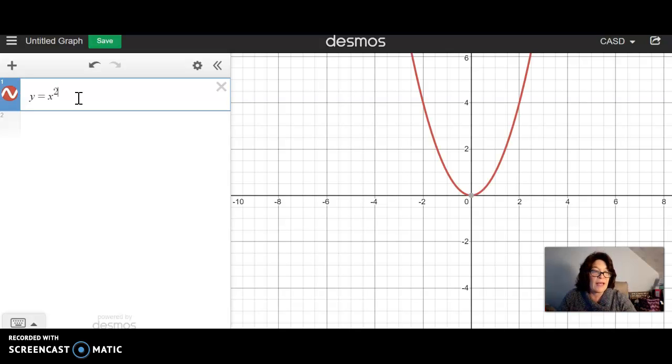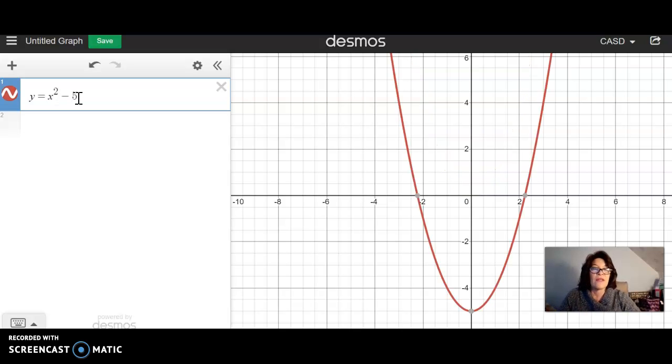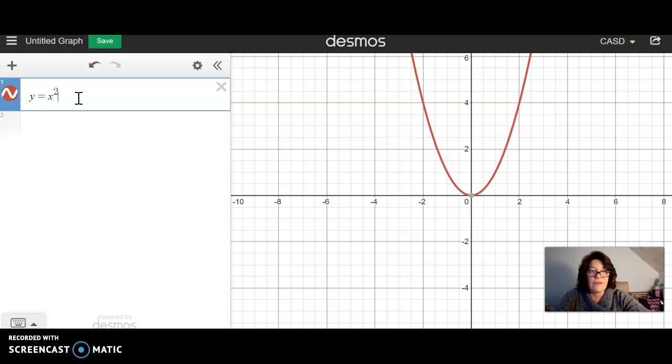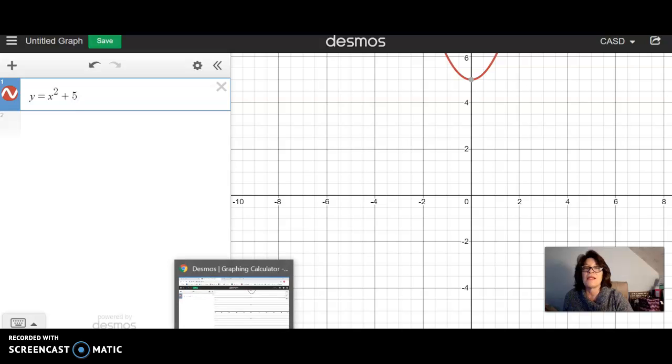Then we want to come off of that, so I hit the right arrow at the bottom right of your keyboard. It takes me down, and I'll say minus 5. And there I can see that shifted it down 5. If I would have said plus 5, that shifted it up 5. I can barely see it. So please feel free to do that at any time.